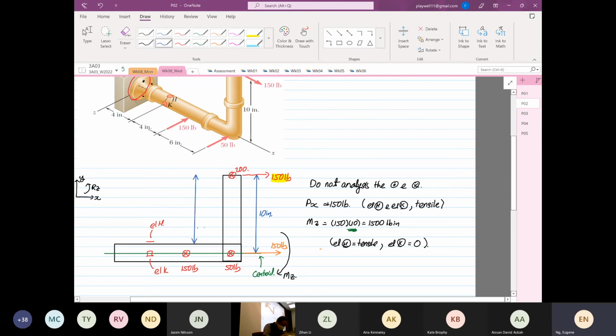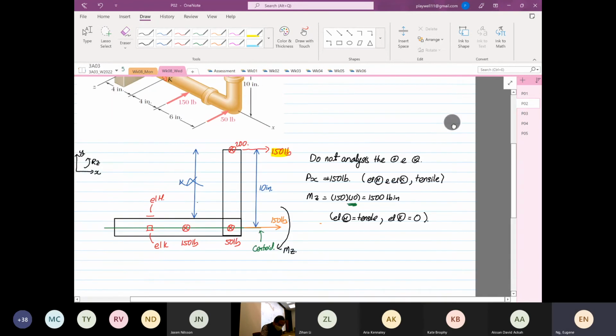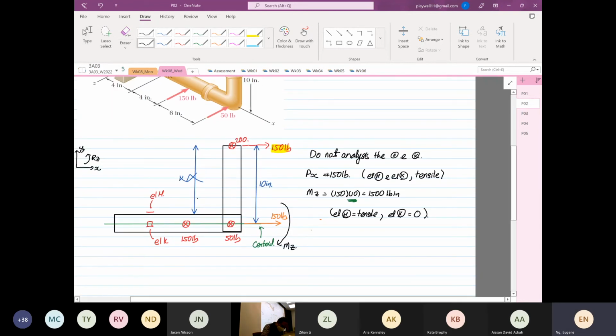Or on element K, our perpendicular distance is from here to here. No, we did not do that. Element K is fine, but for element H, this is basically wrong. That's why I want to highlight that it is measured to the centroid. So I'll write this rule. This is important.